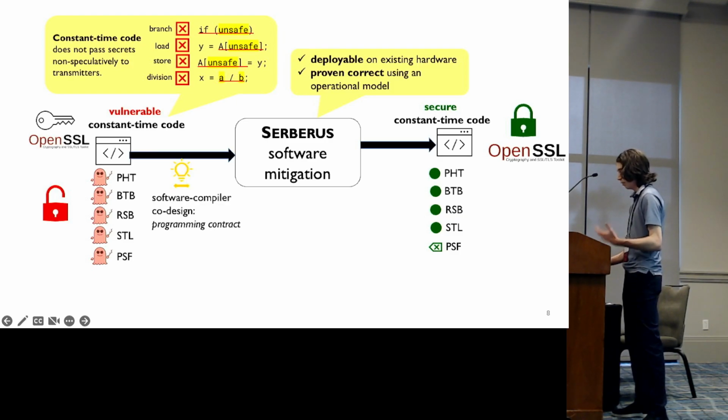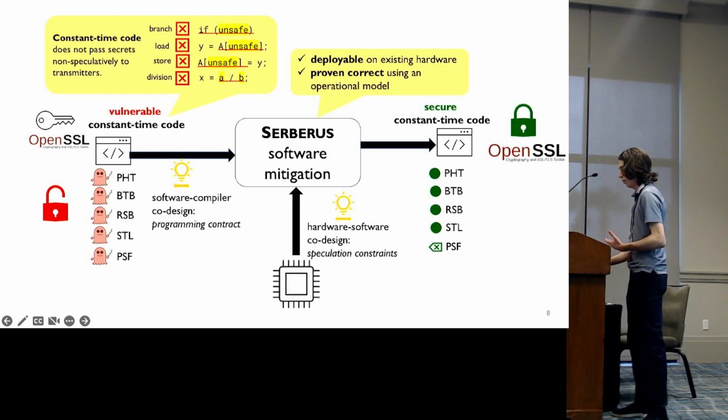So first, we design a new programming contract, and we also design some speculation constraints using features on existing hardware. Okay, so for the rest of this presentation, I'm going to talk about those two co-design supports, talk about some limitations of Serberus and how we're trying to overcome those through more hardware-software co-design.